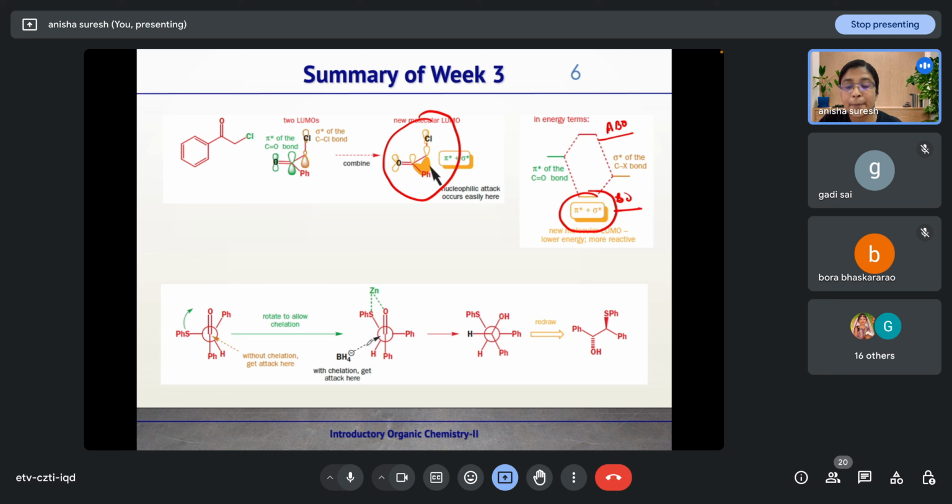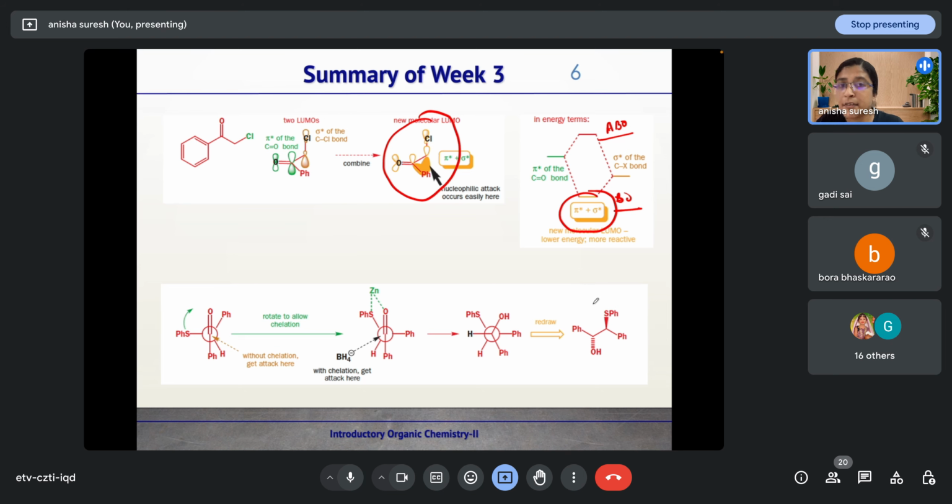Then the attack will take place from this side, so we get the formation of this product, which when we redraw we will get this as the product. How to redraw we will see in the questions when we discuss.